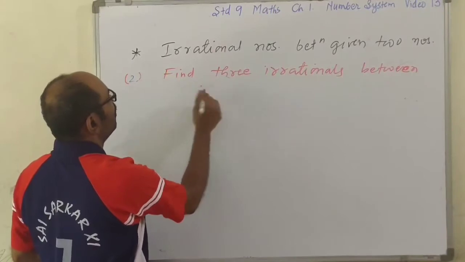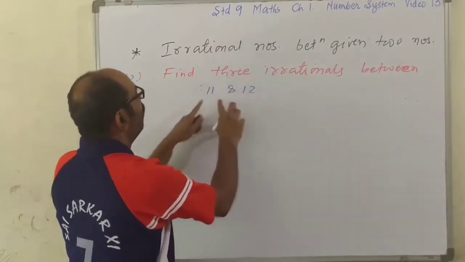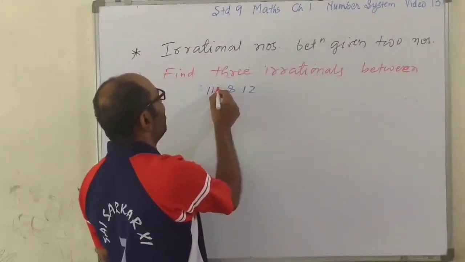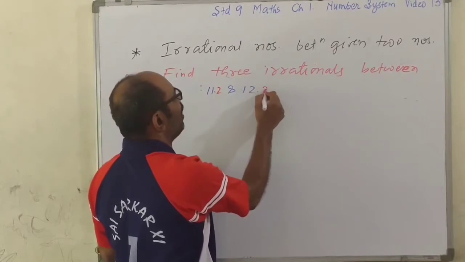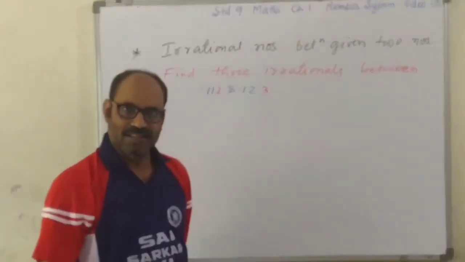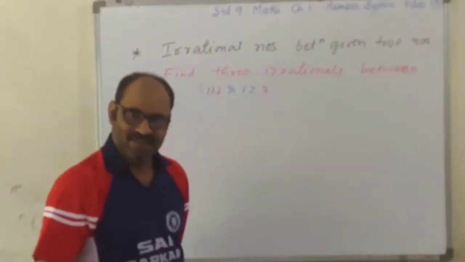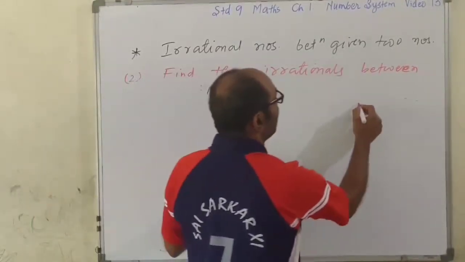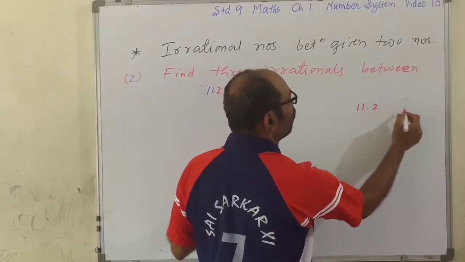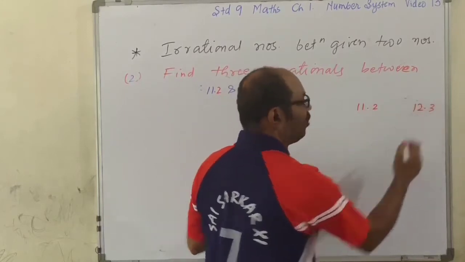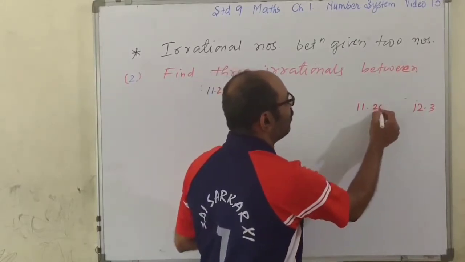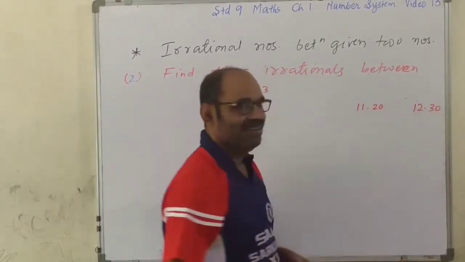That is 11 and 12, successive integers. So as I said, okay children, I'll write like this, 11.2 and 12.3. Let's take this type of numbers because we have already seen integers in the first one. As I said, select two places of decimal, so I can put 0 and 0.